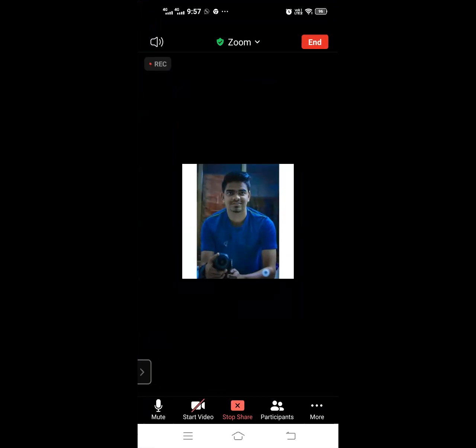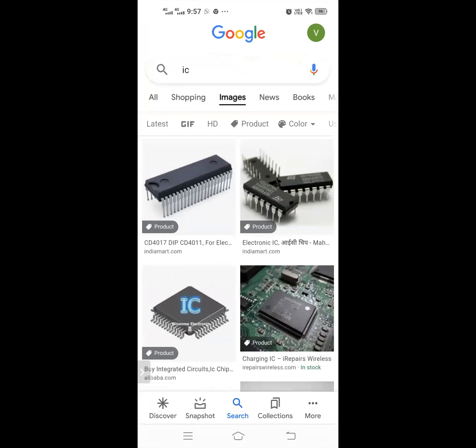And you will find the number written on that IC, as I have shown you. Clear? So whenever MSP430 is written, you can tell that it's a microcontroller. Similarly, if there is an IC of an AND gate, there is a number associated with it.